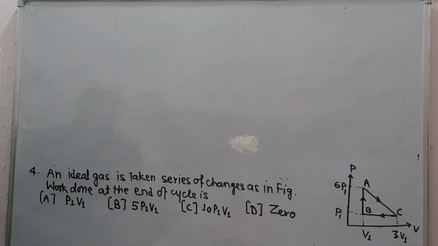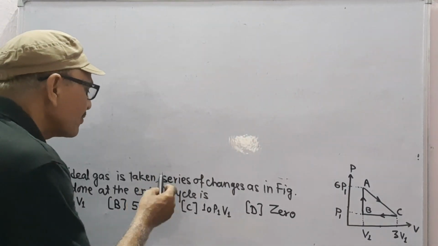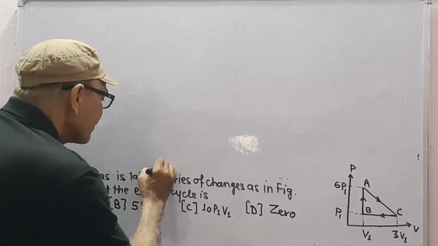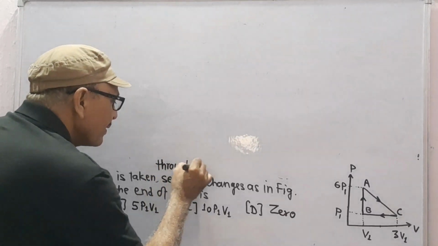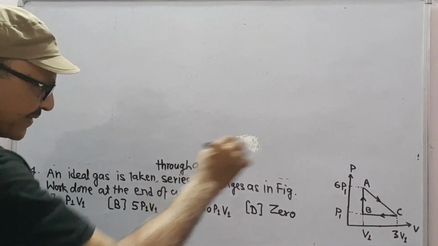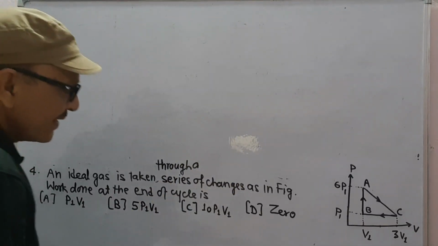Next question number 4. An ideal gas is taken through a series of changes as in figure. Work done at the end of cycle is?